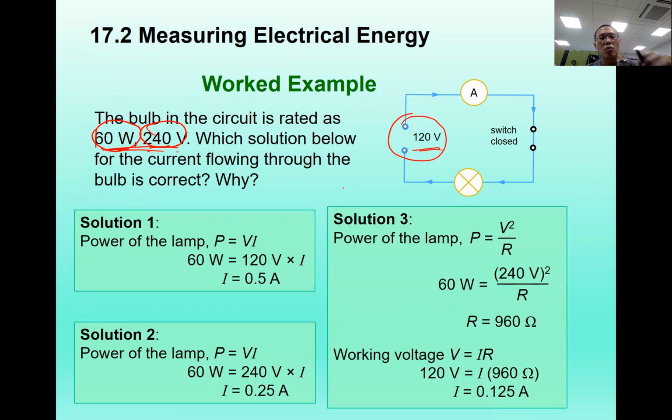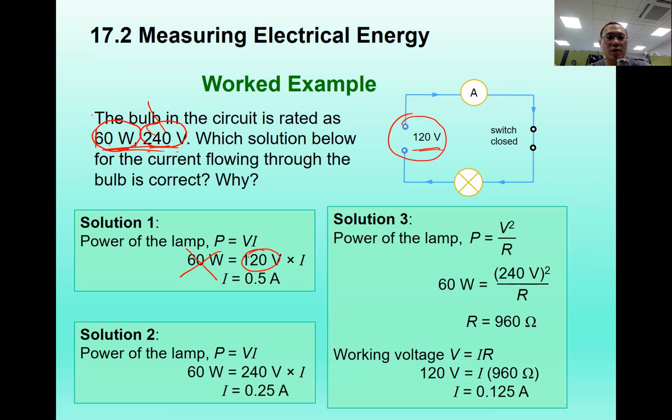always go back to the basics. Regardless of the power source, the rating plays a part. For example, 240 volts gives you 60 watts, so it means that at 120 volts, the power of the lamp is definitely not 60 watts.